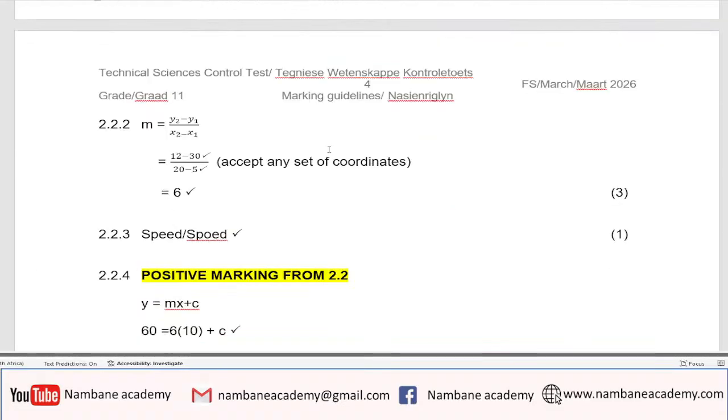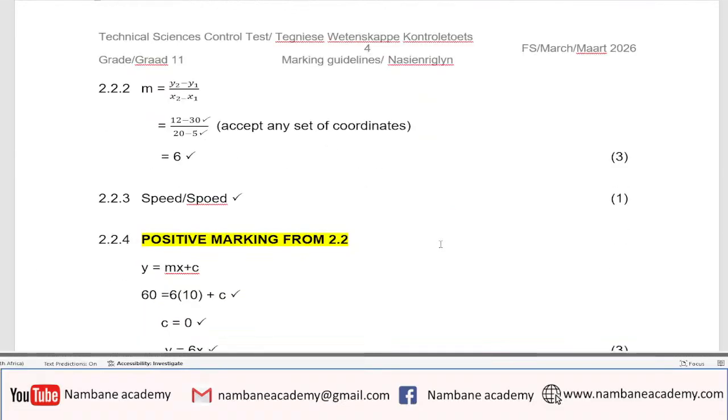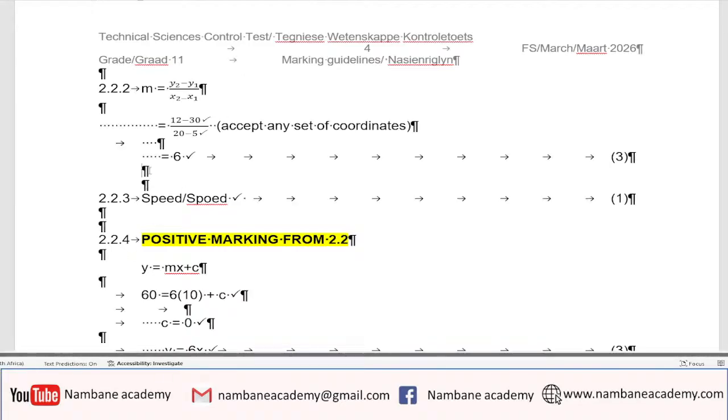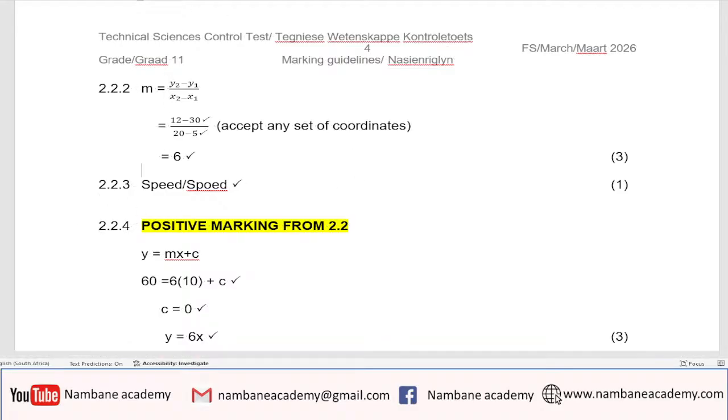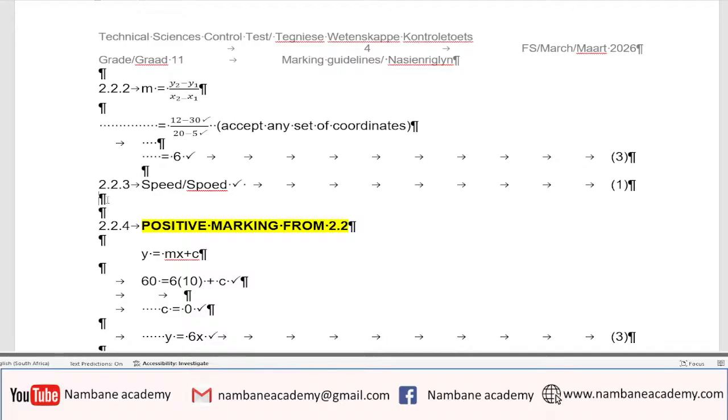2.2.2, they then have to calculate the gradient of the same graph. So they'll be using the formula given here, which is m is equal to change in y over change in x. They accept the matching coordinates there, and then they should get the correct gradient m to equal 6. Then 2.2.3, physical quantities represented here. It will be speed, since distance and time is given, regardless of the unit. 2.2.4, determine the equation of the graph.